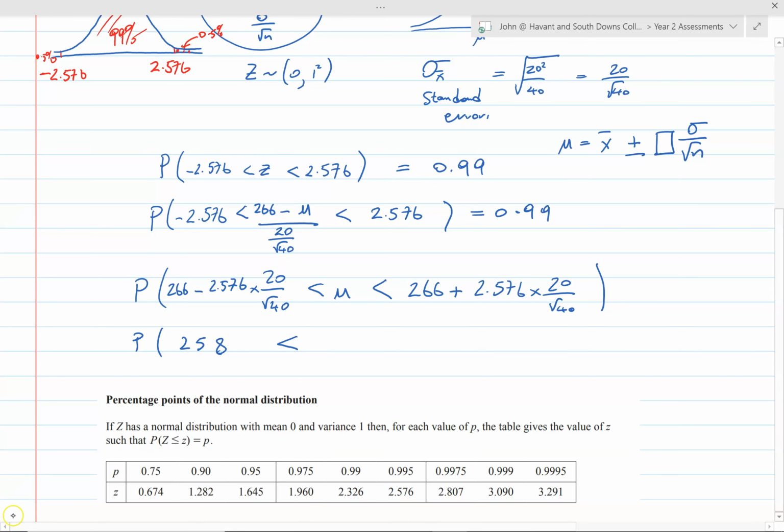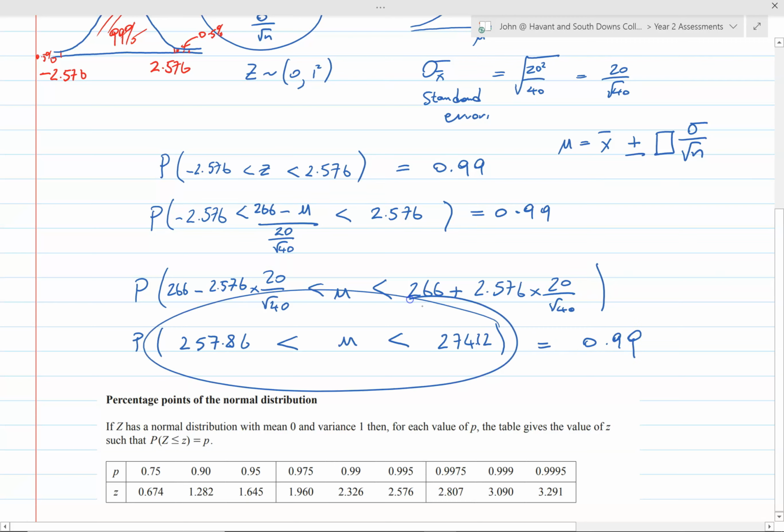Let's be a bit more precise: 257.886, and the upper bound is 274.12. Equals 0.99, and this by definition is our confidence interval.